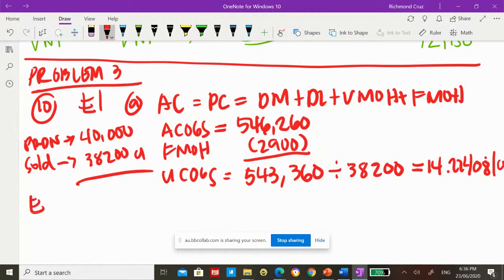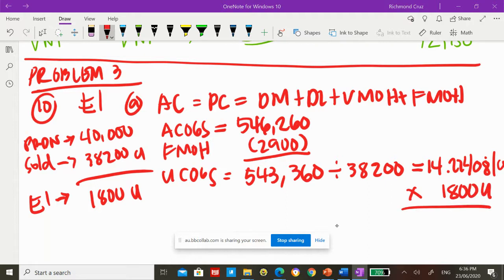So, ito yung ending inventory in units. 40,000 less 38,200, lalabas, this is 1,800 units. So, para ma-compute yung ending inventory, itong 14.22408, i-multiply ko ng 1,800 units. So, ito na yung magiging ending inventory in dollars.